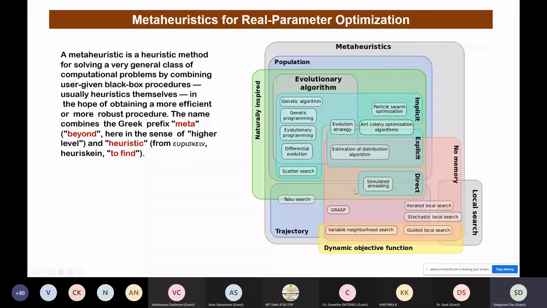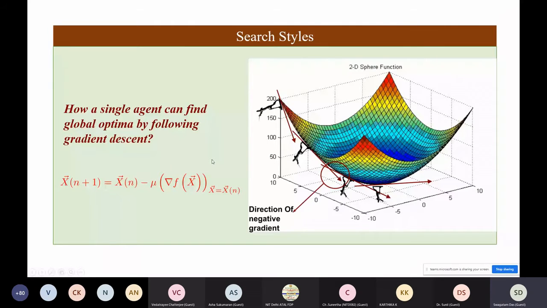So what do we exactly mean by meta heuristics? How does a single agent find a global optimum if the function is continuous, nicely differentiable? You start somewhere here. This is the position of a trial solution, and you jump along the negative gradient direction, where the gradient looks like a tangent to the functional surface. At least it's a projection of the tangent for sure.